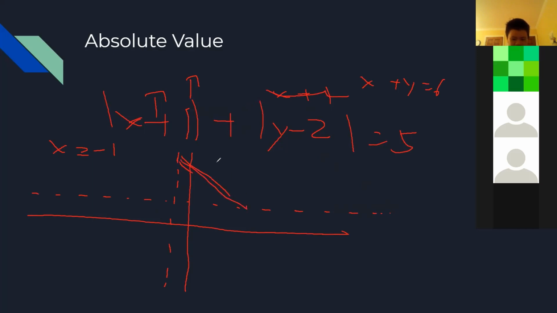So we can draw x plus y equals 6 only in our intervals. What about this side? Both are negative, so we'll have x plus y equals negative 4, I believe. So it'll be something like this.